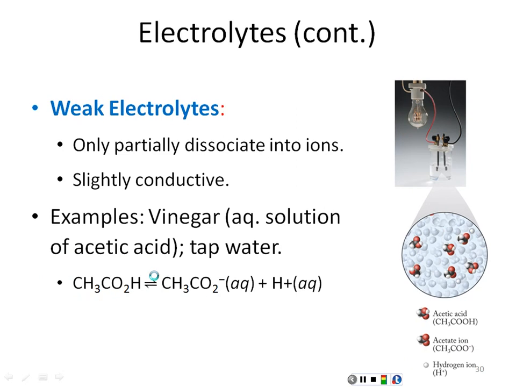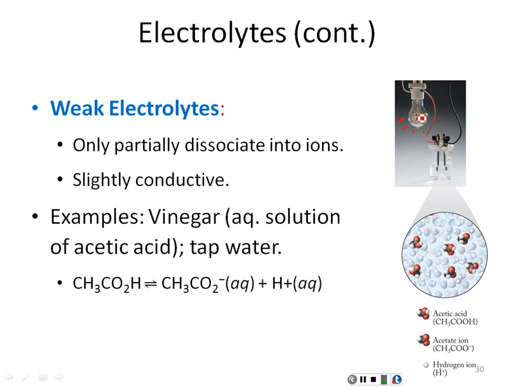There's also weak electrolytes, and they only partially dissociate into ions in water. Now, strong electrolytes conduct electricity very strongly. Weak electrolytes are only slightly conductive, and that's shown here. The light bulb sort of lighting up, but not as strongly as before.